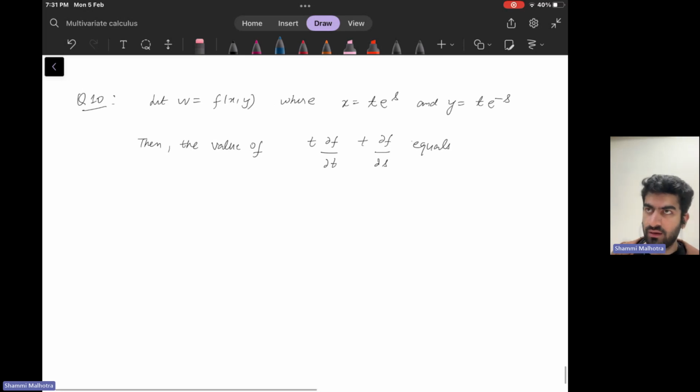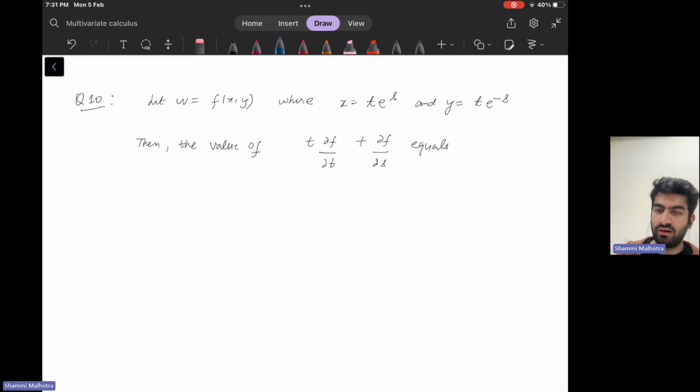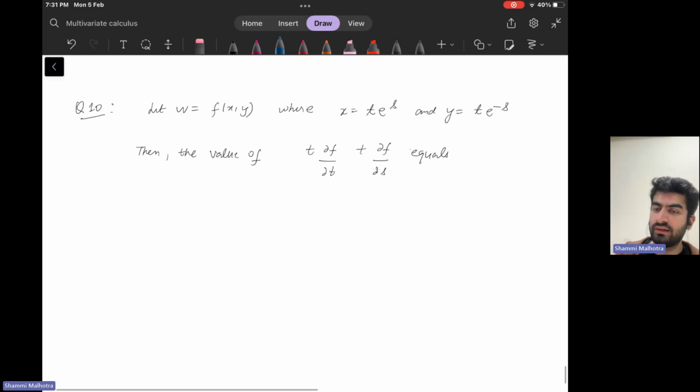The easiest way to deal with this, the chain rule in this case, we can get if we just write the tree diagram. When we write the tree diagram, it's very easy to get the exact value of the chain rule.